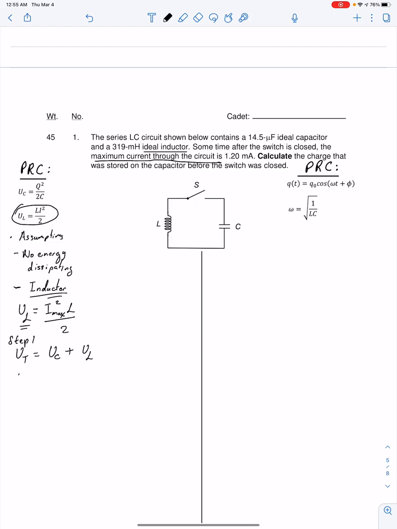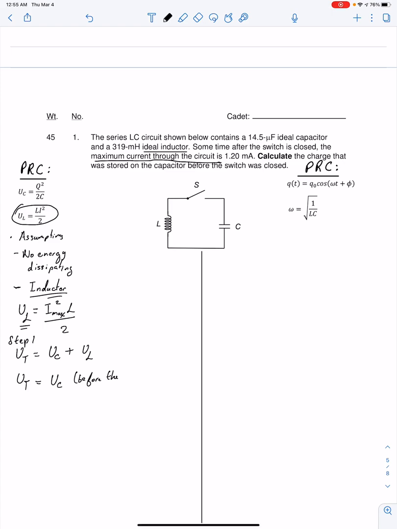However, the total electric potential energy is equal to only the electric potential energy of the capacitor before the switch is closed.